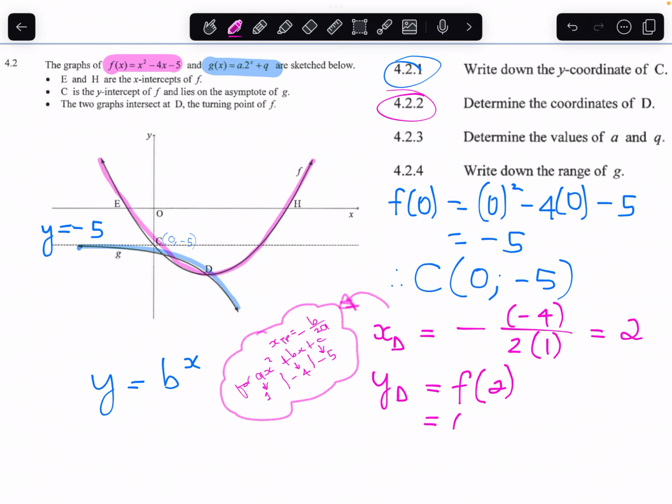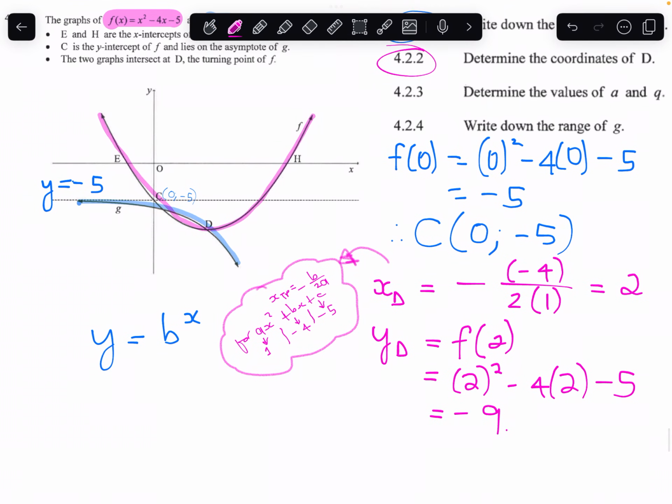So that will be 2 squared minus 4 times 2 minus 5. So that's 4 minus 8 minus 5, which is negative 9. Right, so the coordinates of D are 2 and negative 9.